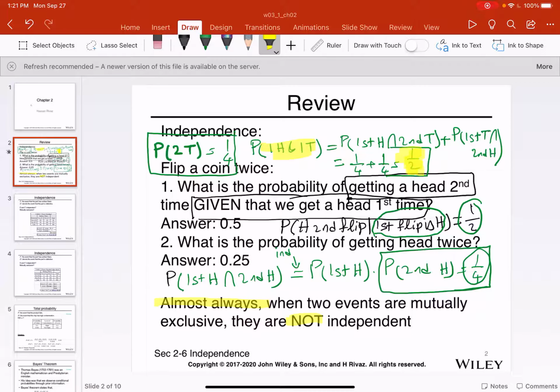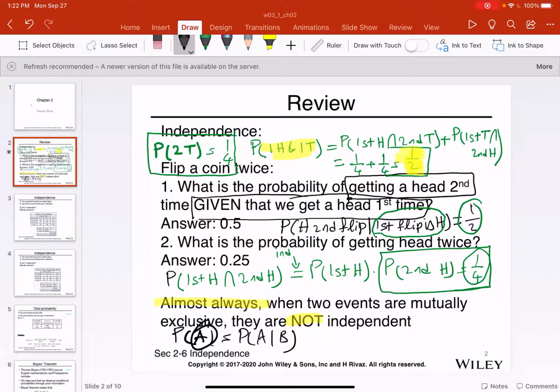Because independence means that if one of them happens, it doesn't alter the probability of the second one, right? So basically, independence means that the probability of A is equal to the probability of A given that B happened, right? So B doesn't alter the probability of A, right? So for example, I'm flipping 2 coins, and A is the outcome of the second flip, right? And I tell you that, oh, by the way, the first flip was a head. You say, oh, I don't care. It's still 1 divided by 2, right? These are independent events, right?